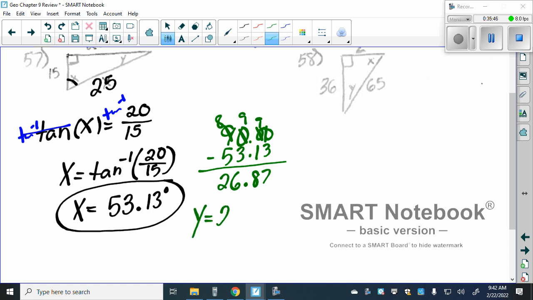If we do the subtraction, we should get 36.87. And again, you could have done that straight in the calculator, 90 minus 53.13, and get this here.